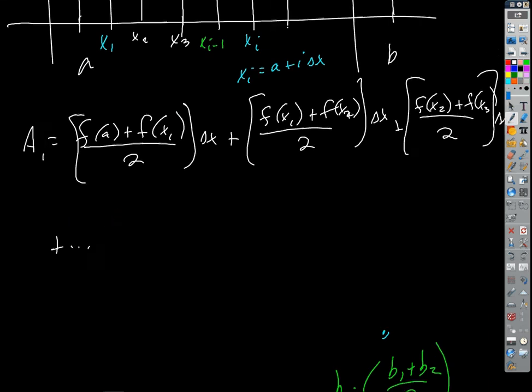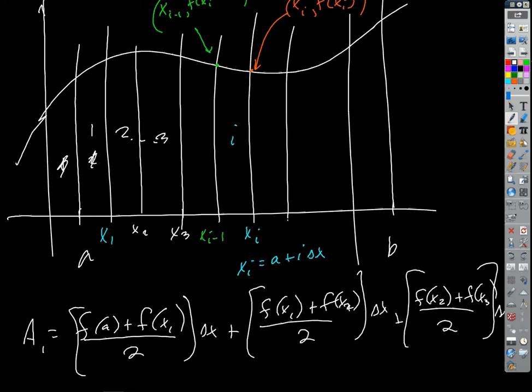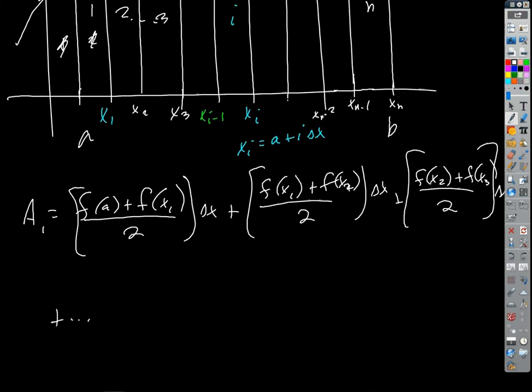So the second to the last one is going to be the nth one, right? And this is going to be the n minus 1th one. So b is going to be the same thing as x sub n. This is going to be the x coordinate, x sub n minus 1, x sub n minus 2, right? So the last two, this is the n minus 1.